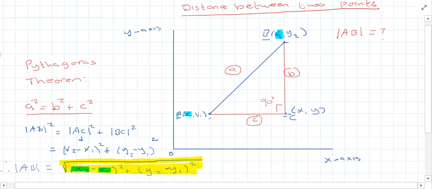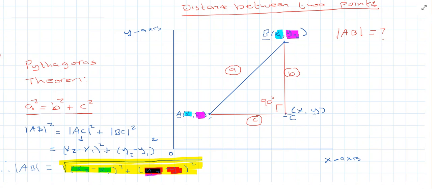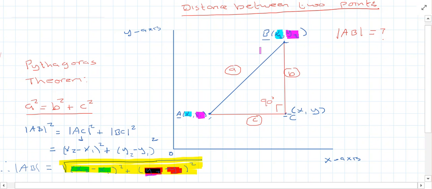If we take the y2, this y2 value comes from here, and the y1 value comes from here. And we can use this to figure out the distance between these 2 points. And this is the formula that we would use.